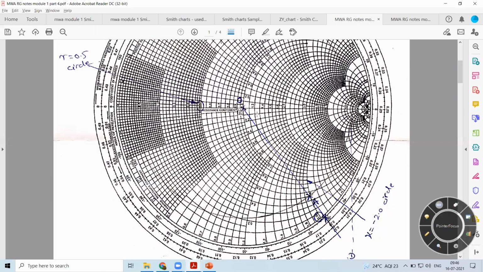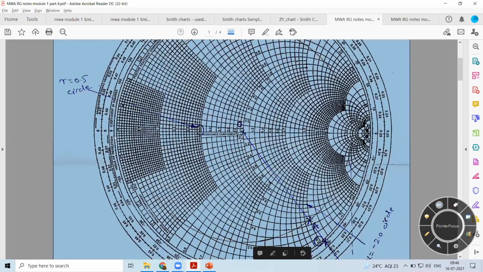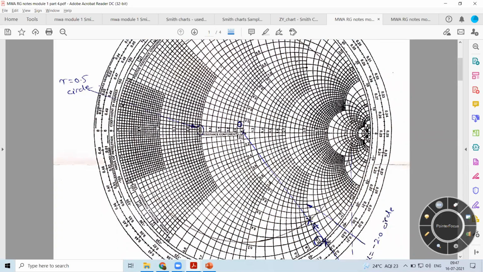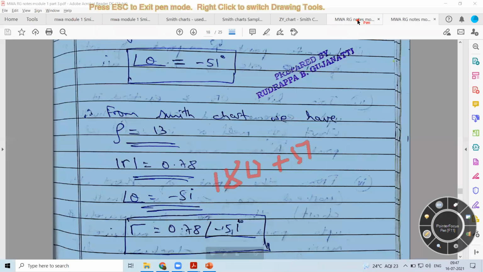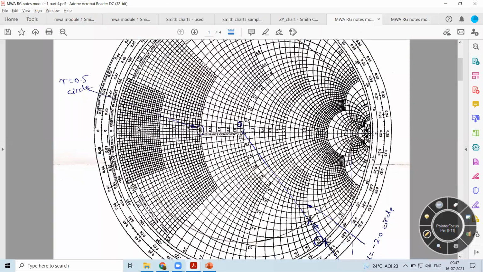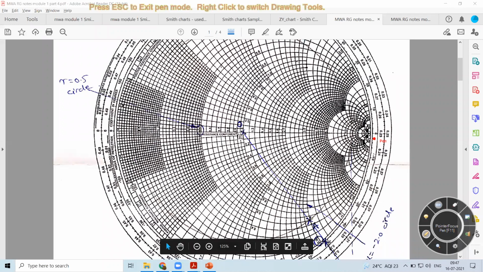Now, in some cases, you might read it as starting from 0 to 180, and you continue 180 plus another 51. That also will be fine. You just consider this as 180 plus another 51 degrees. Here, instead of specifying that, what they have done is, if you're moving in the clockwise direction, you read the angle as negative.